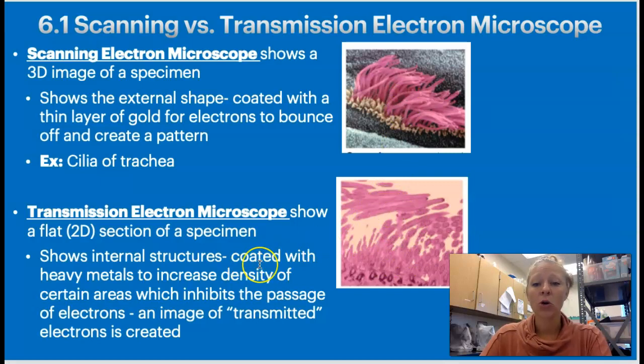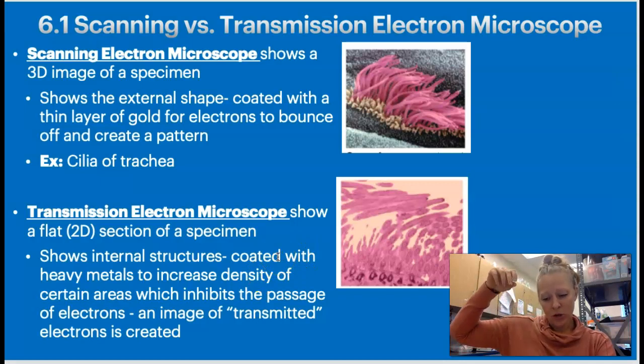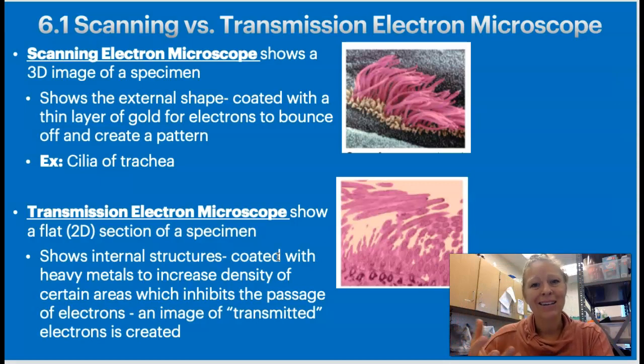What we do is we coat internal structures, perhaps organelles, with a coat of heavy metals, and the beam of electrons is going to spray down onto the specimen, and it's not going to be able to go through the certain areas that are coated with heavy metals, and so it's going to show us a shape of the structures that are on the inside of our cell. And so these are our two electron microscopes, SEMs and TEMs.